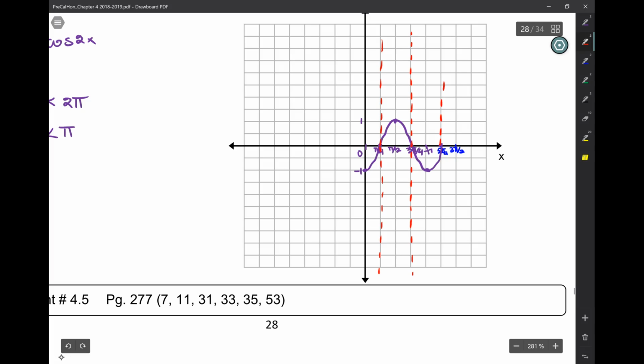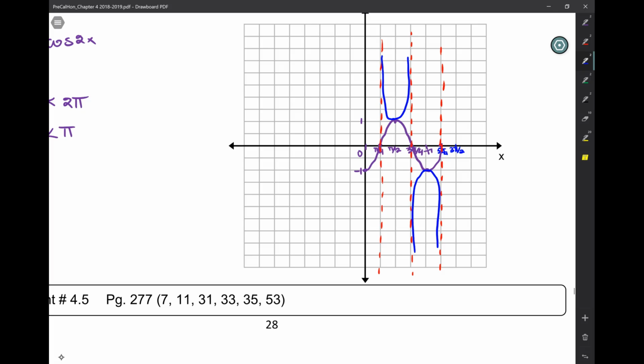Yes. It's math, of course it makes sense. Okay? So now, on this, I draw my secant, and it looks like that.